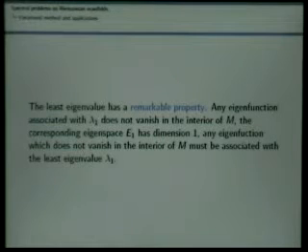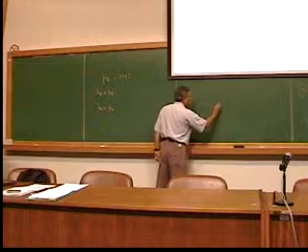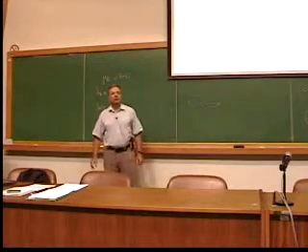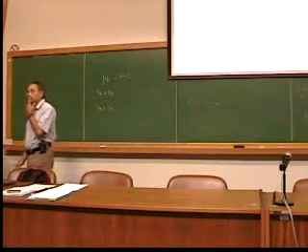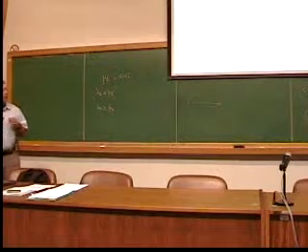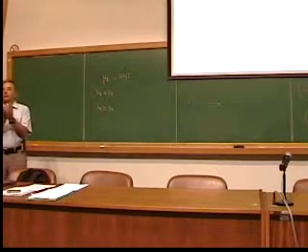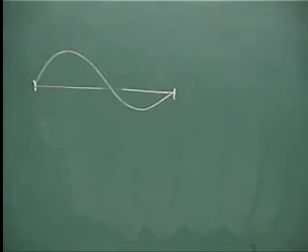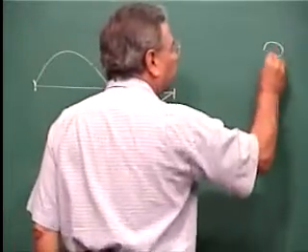I will make a figure of an interval. So assume that a first eigenfunction looks like this. Assume it vanishes. So, when you look at the Rayleigh quotient, in fact, it turns out that the Rayleigh quotient does not change if you take the absolute value.